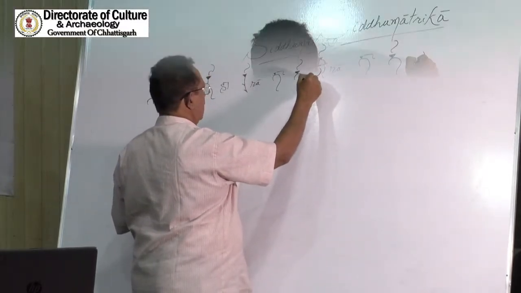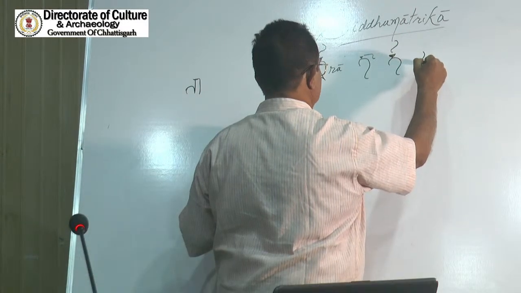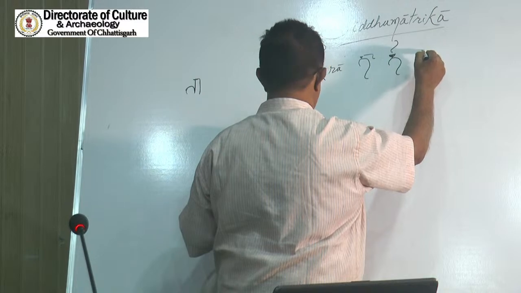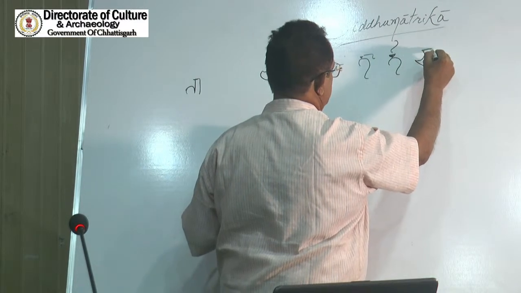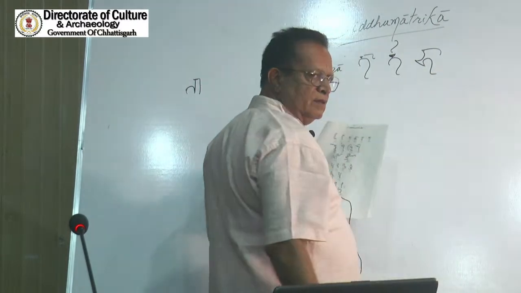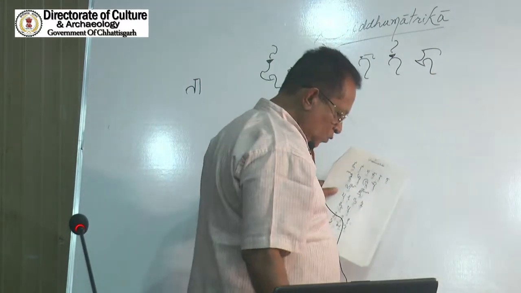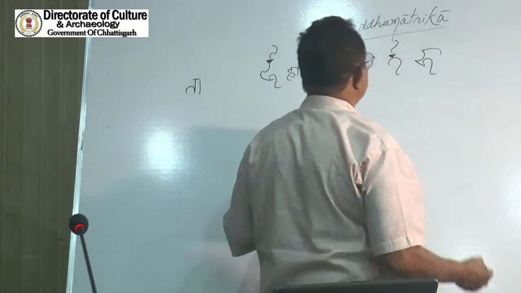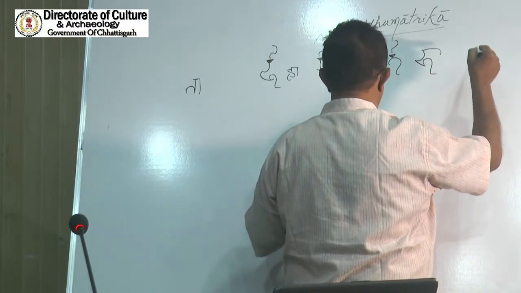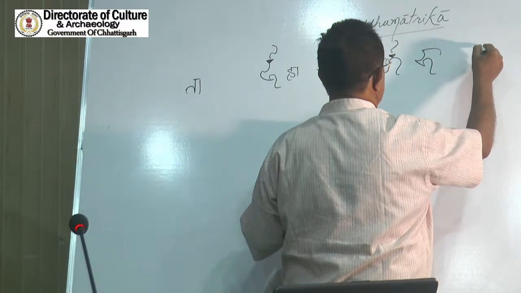And this bha, where you have the head mark, they just extended it like this. In later stages they brought it down to give the stroke. And Ra, you have this fashion also, the same.